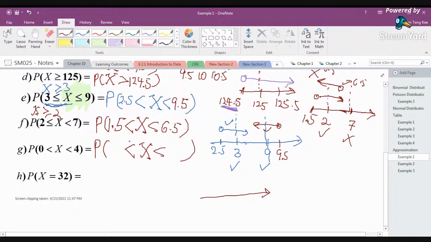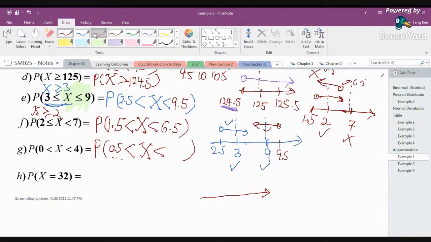Your continuity correction, the CC, please always make sure no equal sign. No matter what, no equal sign. And now we try to do this by inspection. Whether this position here, shall we choose negative 0.5 or shall we choose 0.5? So in here, by inspection, I notice that I need to choose 0.5.